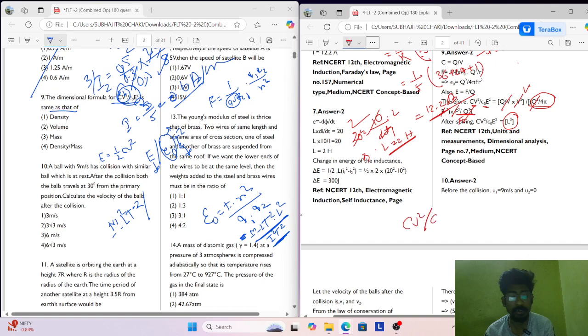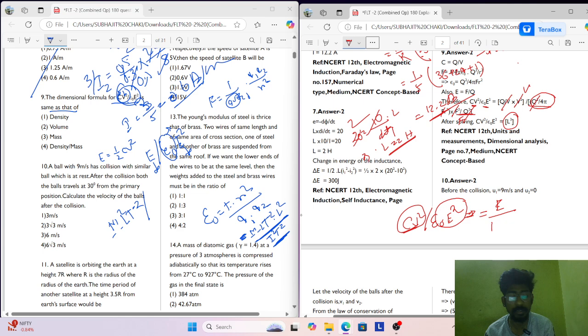CV square divided by epsilon E square. This is the formula of stored energy in a capacitor, and this is the formula of energy density. Energy density is energy by volume.